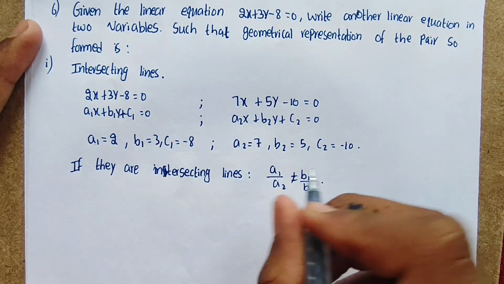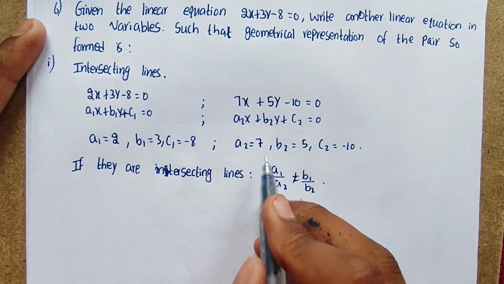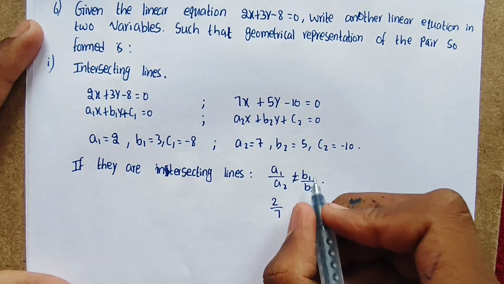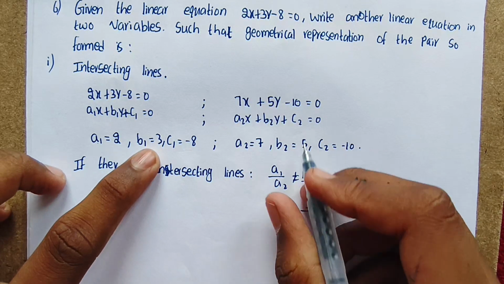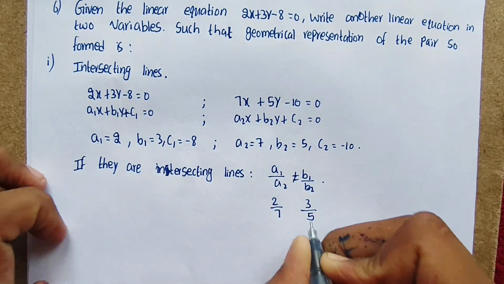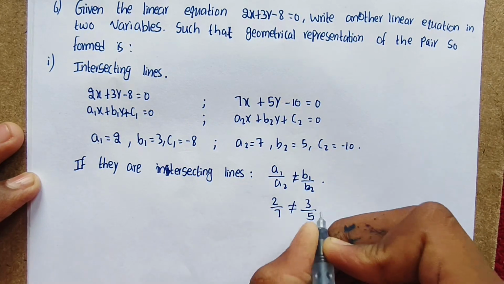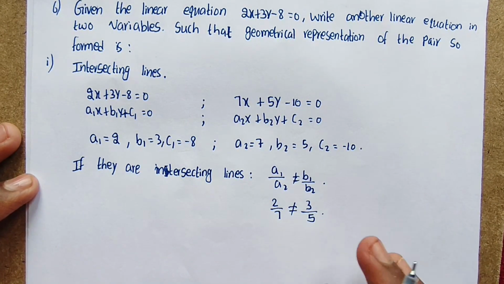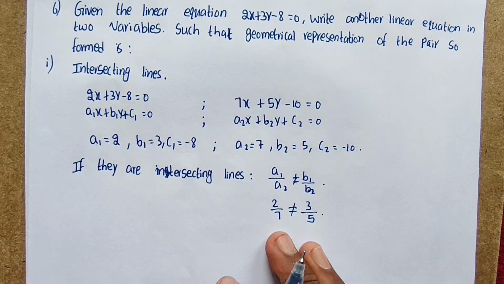The value of a1 is 2 and the value of a2 is 7, so 2 by 7. The value of b1 is 3 and b2 is 5, so 3 by 5. 2 by 7 and 3 by 5 are not equal. So 2 by 7 is not equal to 3 by 5. So we have completed the first question. Now let us go to the second question.